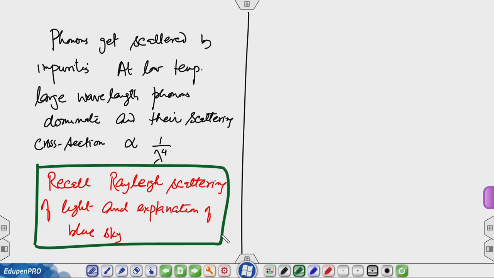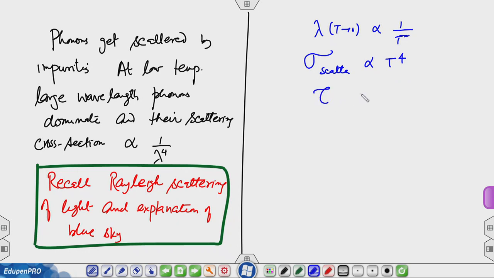There are these long wavelength vibrations that are getting scattered by these impurities, and therefore, I have shown that lambda at T going to 0 is proportional to 1 over T, and therefore, scattering cross section due to these impurities is proportional to T raised to 4, and therefore, tau is proportional to 1 over T raised to 4.